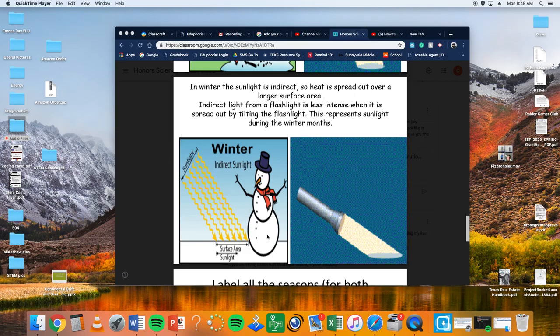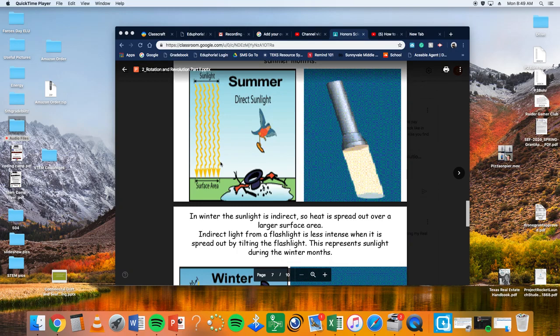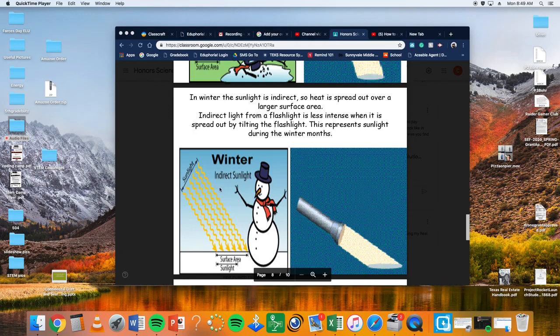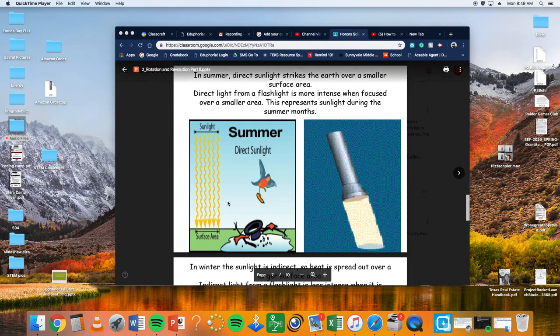Because when you see this, the other hemisphere is getting this. So if this is the northern hemisphere, this is the southern hemisphere. And then 6 months later, this is now the northern hemisphere, and this would be the southern hemisphere.